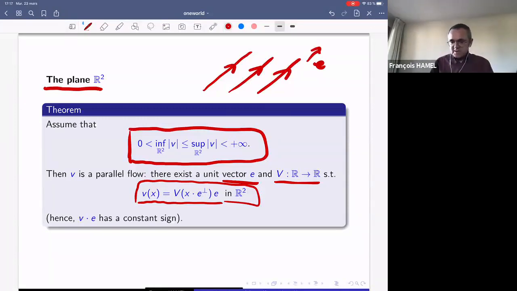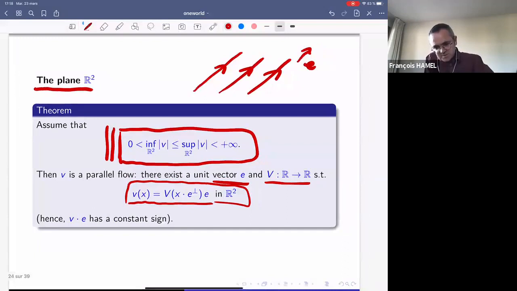But we don't know what e is a priori, because there is no boundary, and e can be anything a priori, because you can rotate a parallel flow to get another parallel flow. But there is such a unit vector e. So in the domain R2, with this condition, the flows have to be parallel flows.